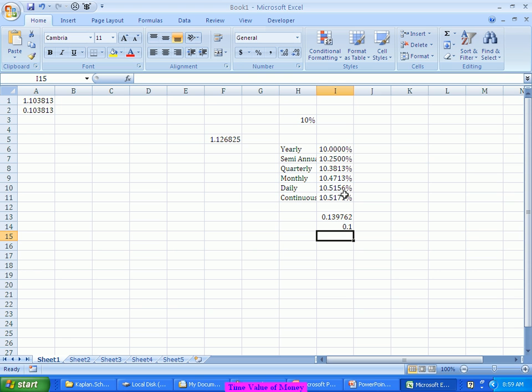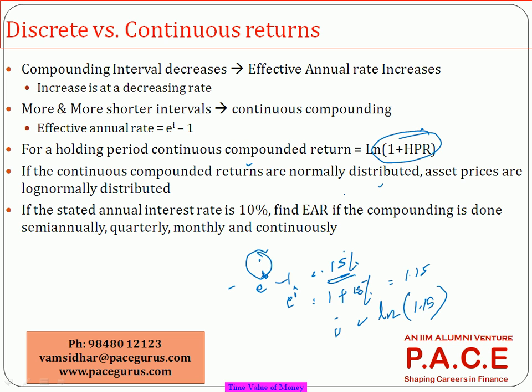Log of 1 plus 10.51% will give me 10%. That's the kind of relationship. So depending on what is being given in the question, you have to plan accordingly. Sometimes he may give a stated rate and ask you to find the continuous compounded rate. Or he may give a continuous compounded rate and ask you to find the stated rate. You have to be comfortable with both.